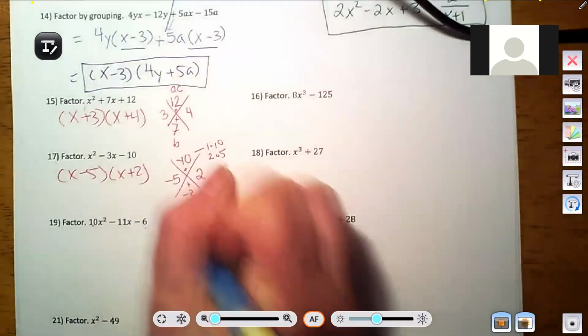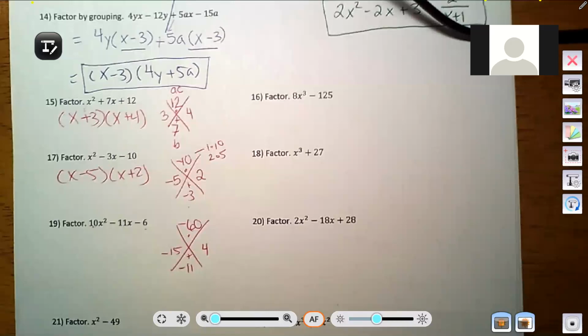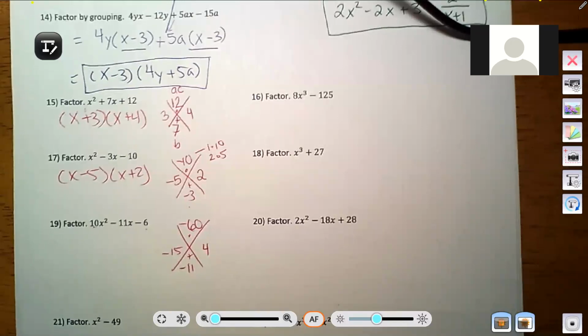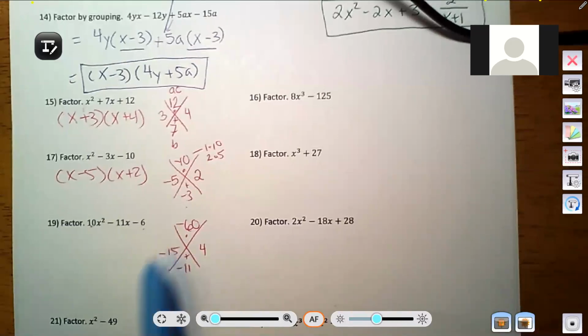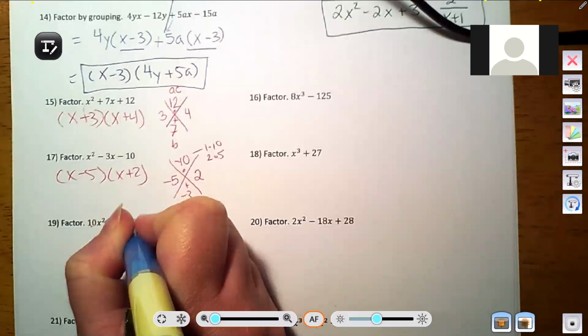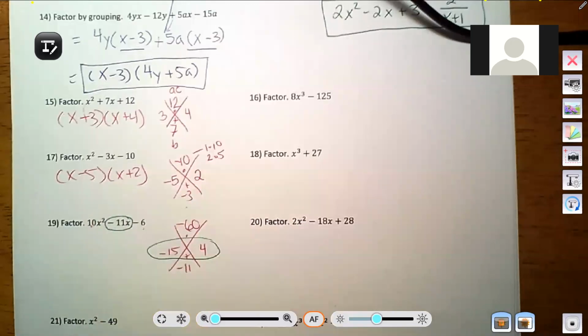And I do expect it to take longer for you, especially if you don't have all your factors really honed in. Having a multiplication table and being comfortable with that will help with all this factorization. So I am breaking up this negative 11x in that way so that I will end up with 4 terms and can use grouping.